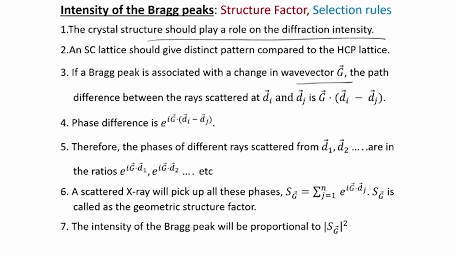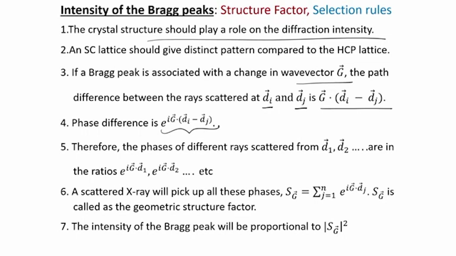The path difference between the rays scattered at two locations di and dj, where di and dj are the locations of two atoms in the crystal lattice, is g dot (di minus dj). So, if this is the path difference, the phase difference is given by exponential i g dot (di minus dj). That is the phase difference, and we know that it has to match certain multiples of lambda.